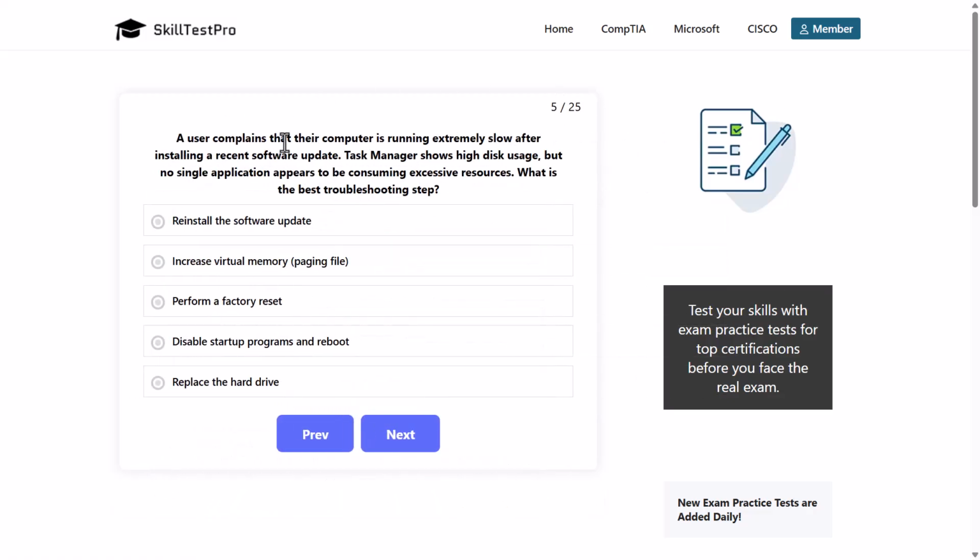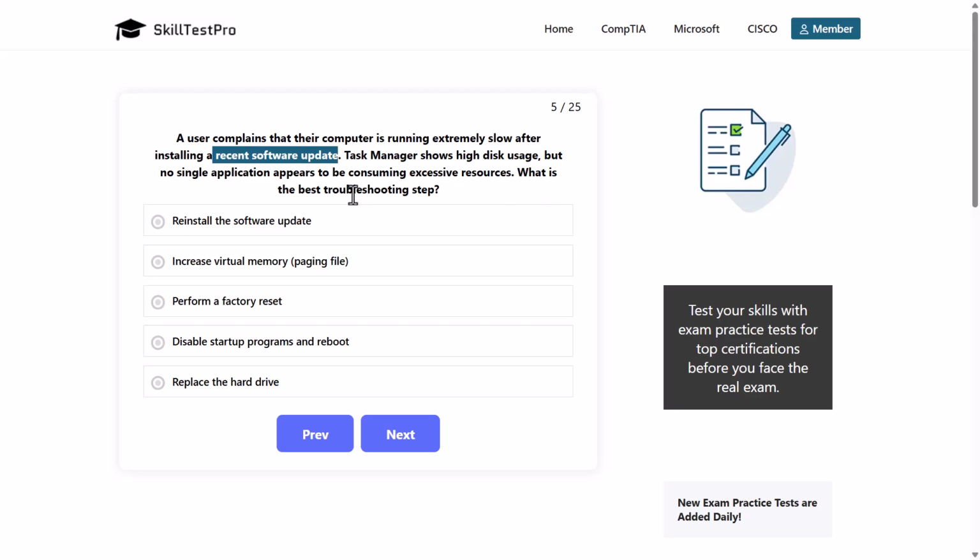A user complains that their computer is running extremely slow after installing a recent software update. So the user's computer started performing slowly after he installed updates. Task Manager shows high disk usage, but no single application appears to be consuming excessive resources.